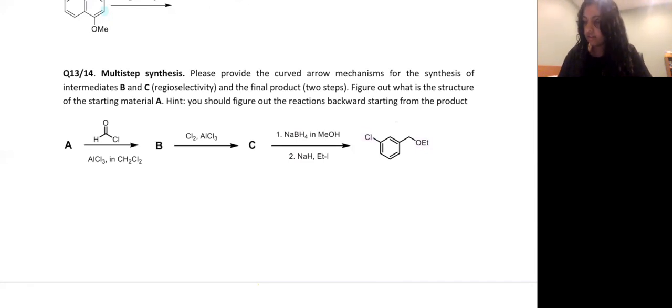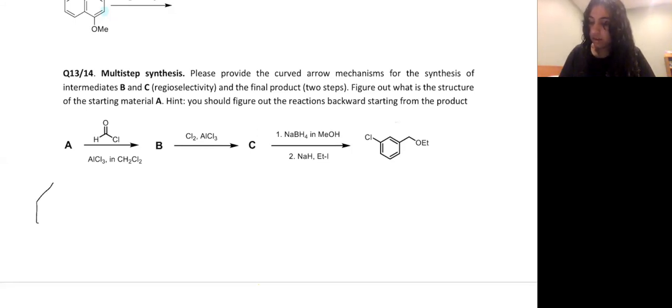I looked at the reagents and saw that there were basically only 2 additions. This one is Friedel-Crafts acylation, and the second one is a halogenation. Since there's only 2 substituents in the final product as well, I'm going to start with a plain benzene.